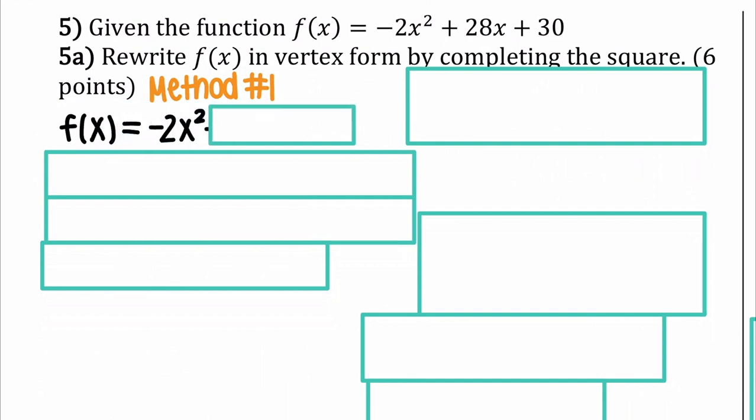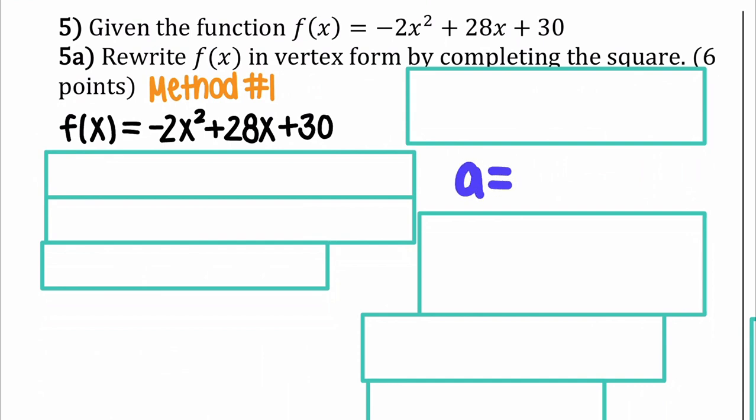So just recopying the equation, we have f of x equals negative 2x squared plus 28x plus 30. We know for sure that every single time we're trying to complete the square, we need to satisfy two criteria: a must equal 1, and we want to isolate all the values of x. So doing it the Delta Math way, we want to factor out the negative 2, but only from the first two terms because we're trying to complete the square.